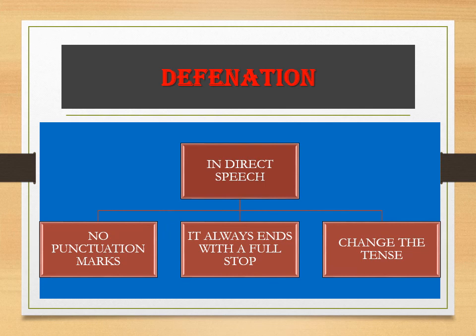Your sentence, when you have converted it to indirect speech, will never have any punctuation mark, whether it is a question mark, exclamation, or inverted commas. When you convert a sentence to indirect speech, you always have to remember, children, that it will always end with a full stop. So coming back to the tense, we have to always change the tense. Now all this I will be explaining to you step by step.